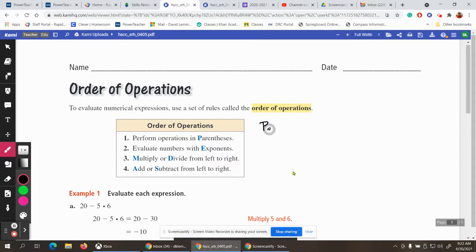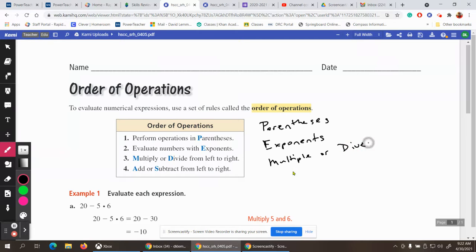But they don't know what it actually means. It's parentheses, exponents, multiply or divide, because they're together, they're not separate.